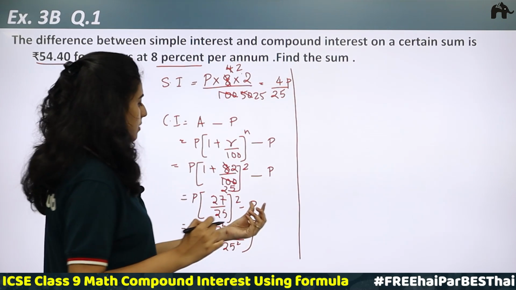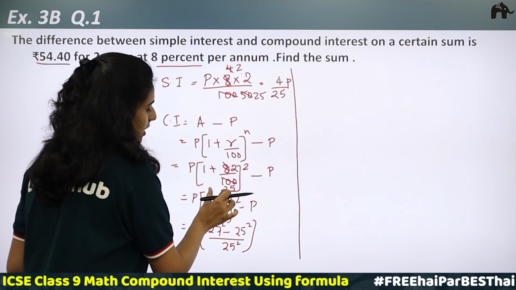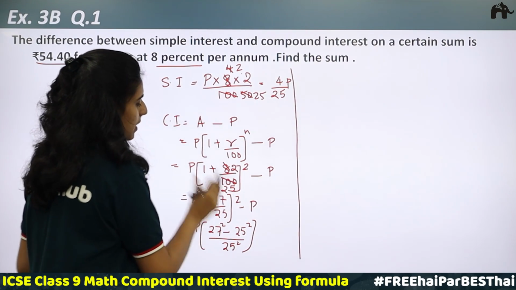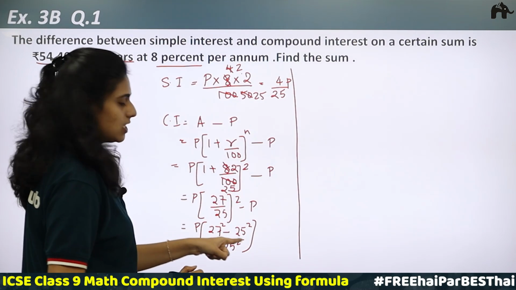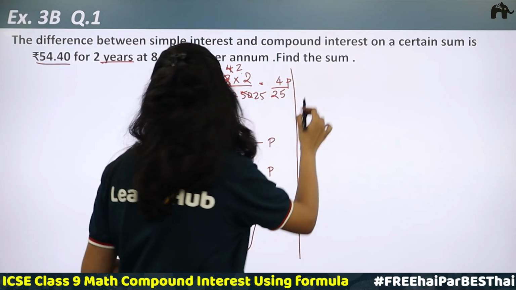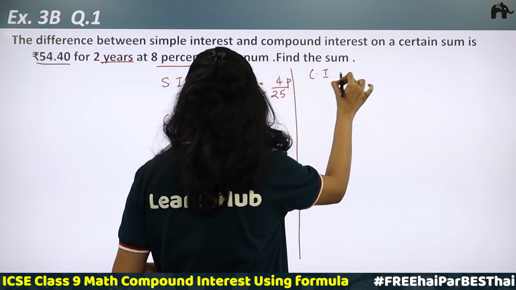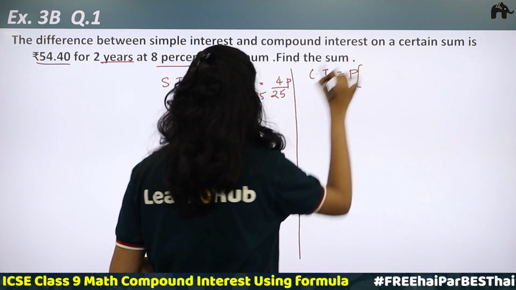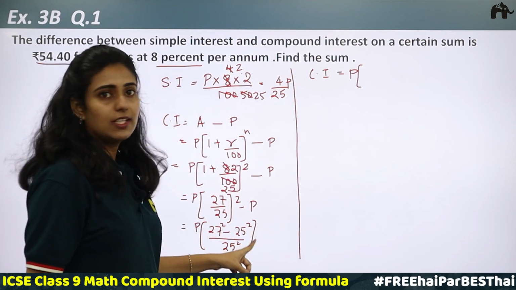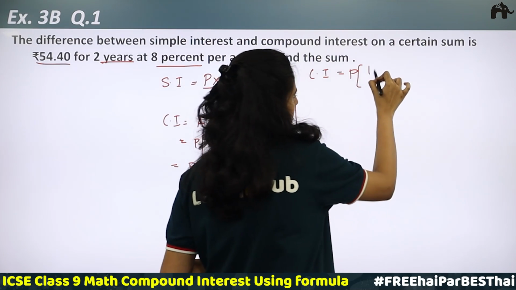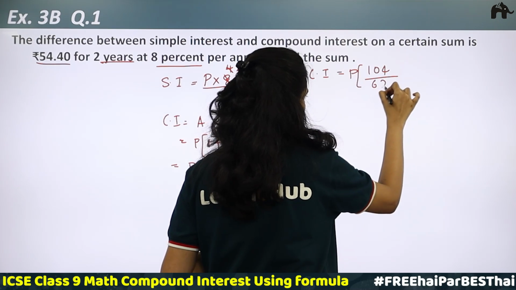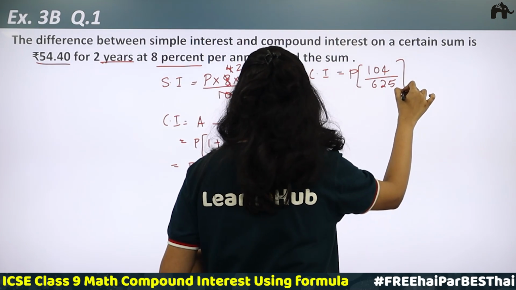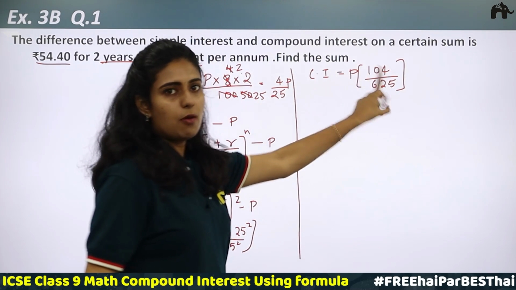What I have done here, P is taken common, then you will be having inside the bracket 27 square by 25 square minus 1. So then taking the LCM will be 25 square. So compound interest is equal to P into, when you find 27 square and subtract 25 square from that, you will be getting 104 divided by 25 square, which is 625. So this is the compound interest.